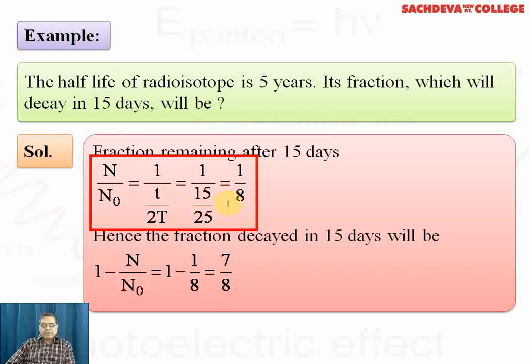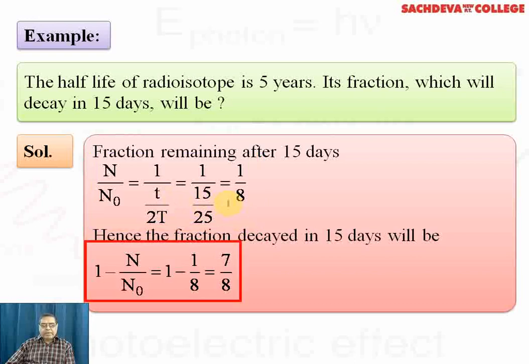We will put in these values and after simplification we find 1 minus n over n naught is equal to 1 minus 1 over 8. So that will be 7 over 8. So we find that if a radioactive isotope has a half-life of 5 years, its fraction which will decay in 15 days will be 1 minus 1 over 8, that is 7 over 8.